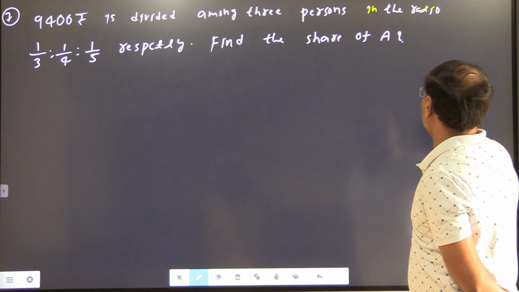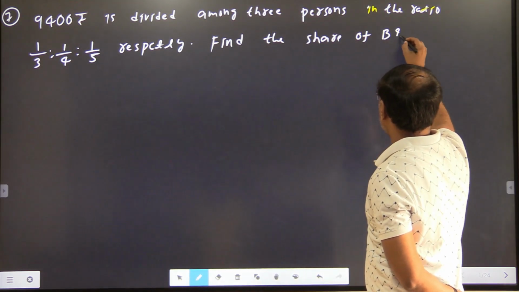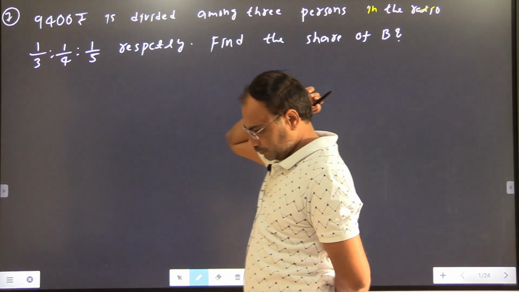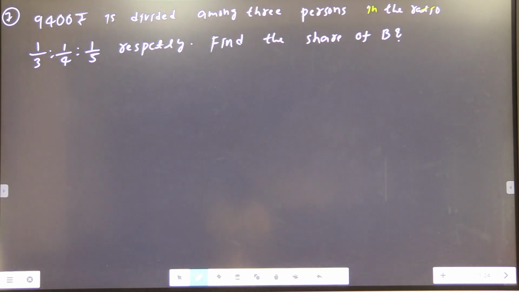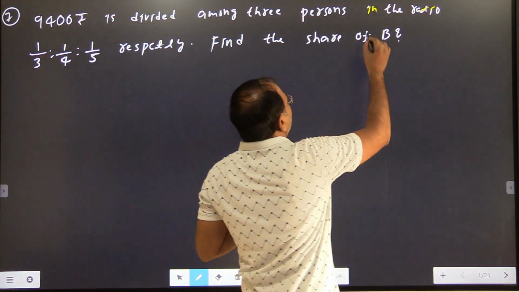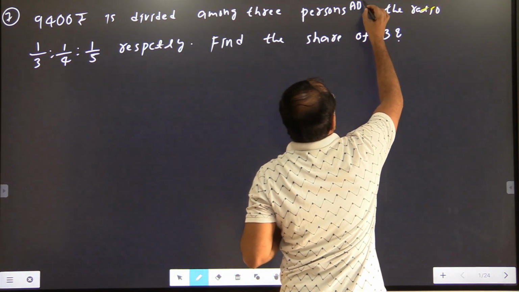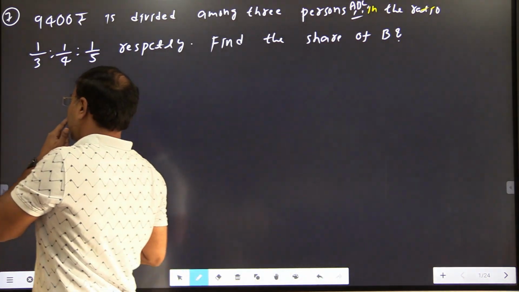Find the share of B. Right? So you have to divide the total 9,400 rupees among 3 persons A, B and C in the ratio 1/3:1/4:1/5 respectively.